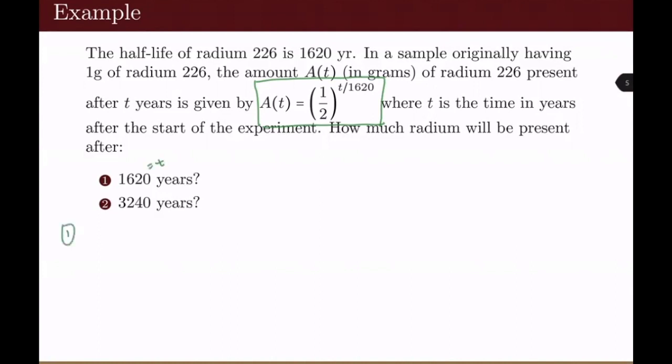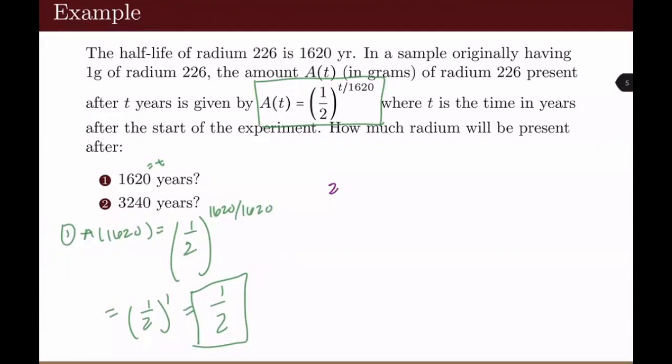So for number 1, we'll have A of 1620 is equal to 1/2 to the power of 1620 divided by 1620. This is equal to 1/2 to the 1, since 1620 divided by 1620 equals 1, which is equal to 1/2.